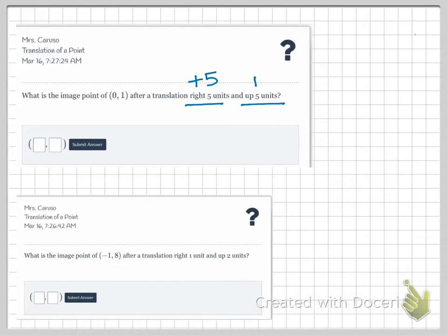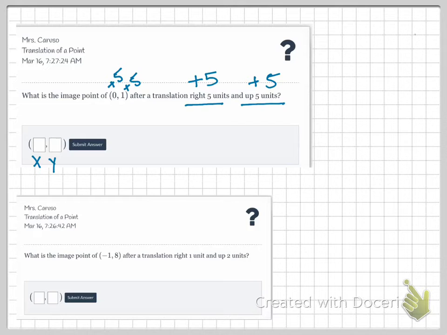Again, you're right. Up 5. Now, all you have to remember is right and left is your x-axis. Up and down is your y. So they said up 5, and they said right 5. So they're both 5s. This should not be difficult. We probably couldn't have screwed that one up, right?